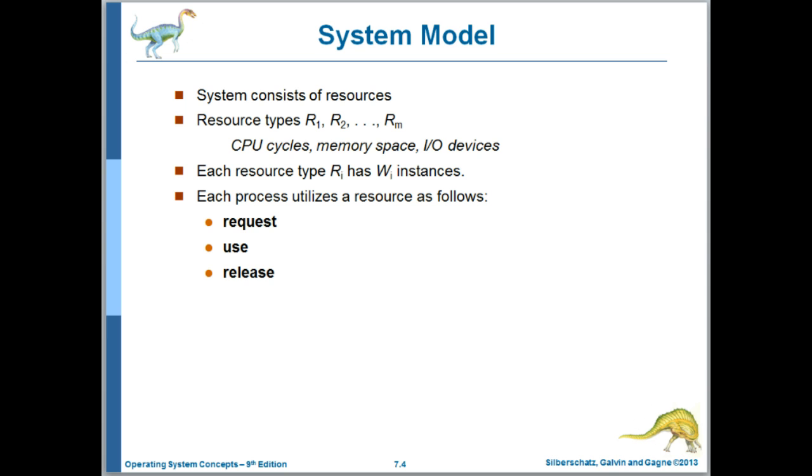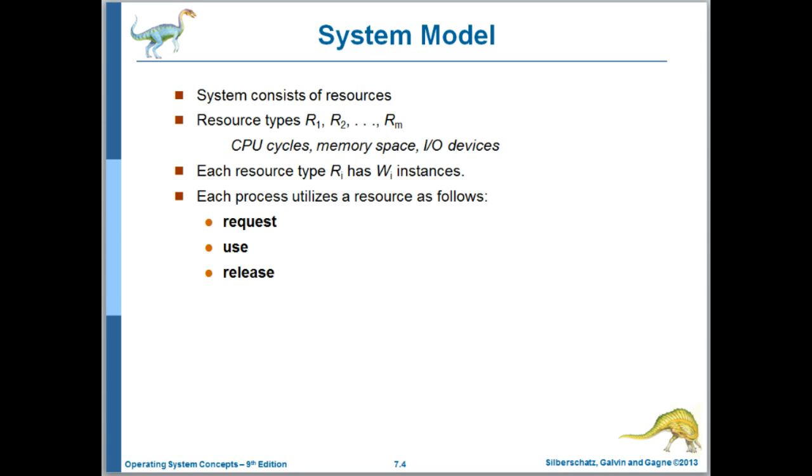So here's the system model. We have a system consisting of some number of resources. Classically, I/O devices are used, so things such as, in older systems, tape drives, printers, things of that nature.